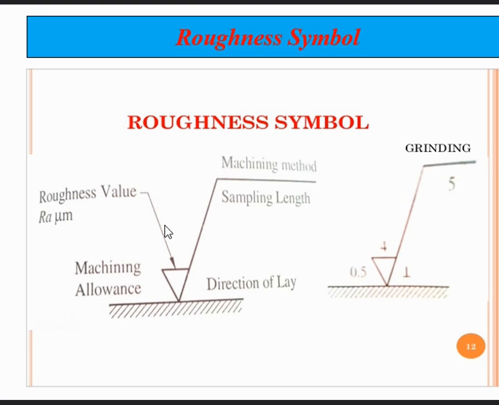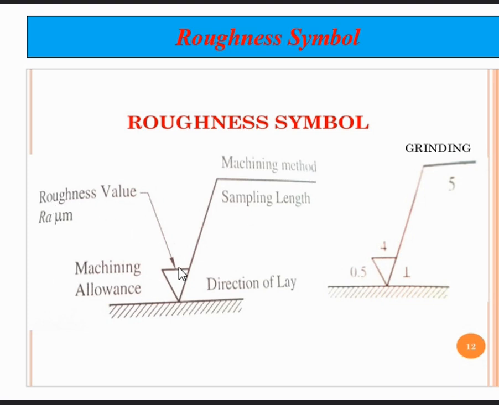This symbol has a triangle completed by an inclined line and a sloping line. This part is called the machining method. If a particular object needs to have a particular surface roughness, I can specify the machining method by which I can obtain that surface roughness.